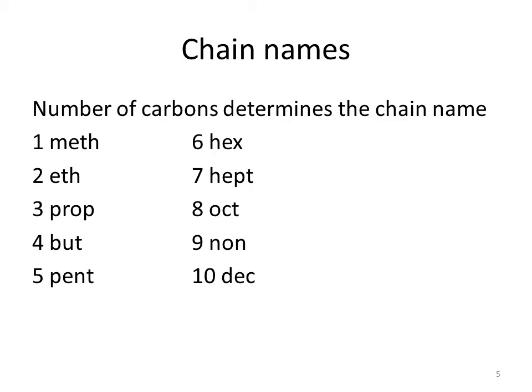And so if we have meth, it tells us 1 carbon. Eth, it tells us 2, all the way down to something like hept or dec, which are telling us 7 and 10. And you do need to know these prefixes. In the future, we will be using them to name compounds.